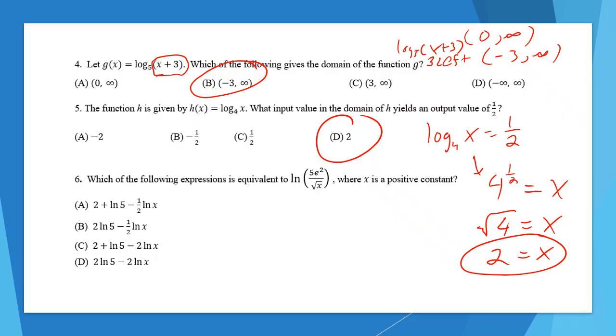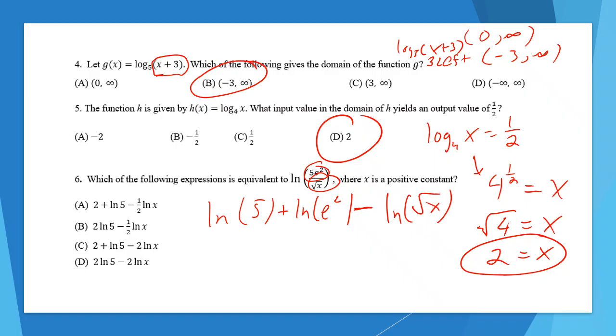And then for number 6, splitting up this multiplication, we're going to turn this into ln 5 plus ln e squared minus, so remember because this is on the bottom, we're going to do minus ln of the square root of x. Knowing this as well, we can do 2 simplifications.